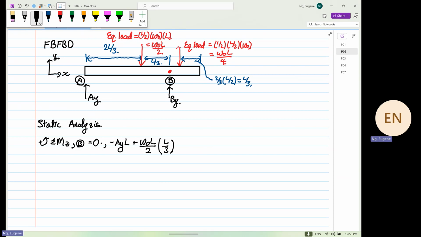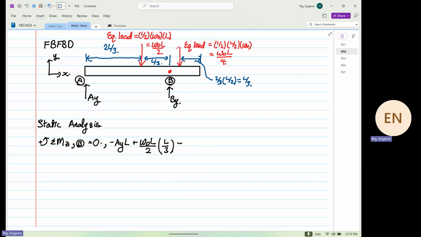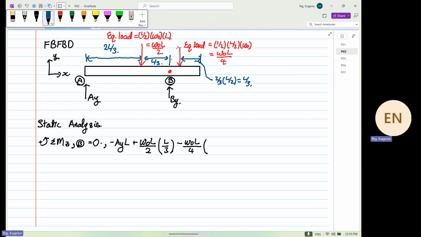So from here, the omega naught L over 4 is going to do a clockwise, minus omega naught L over 4. Now we have to be careful with the distance now, right? The distance from here to here, which I did not calculate earlier.